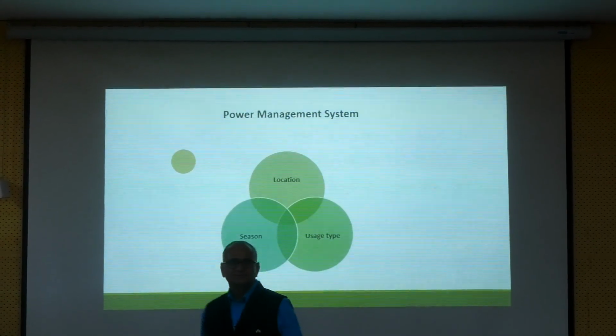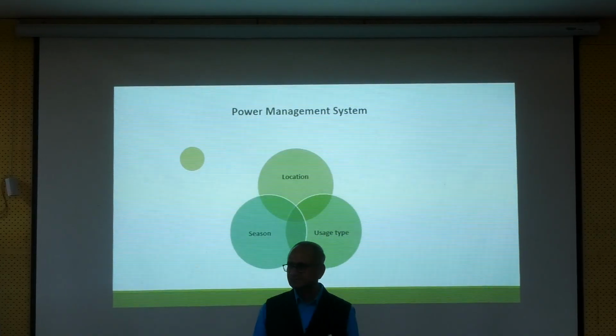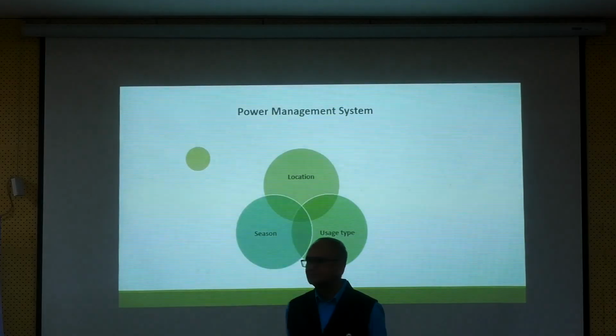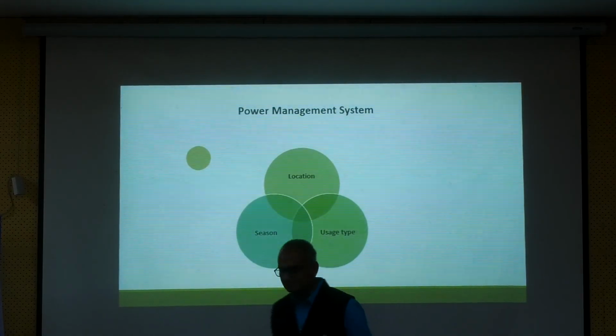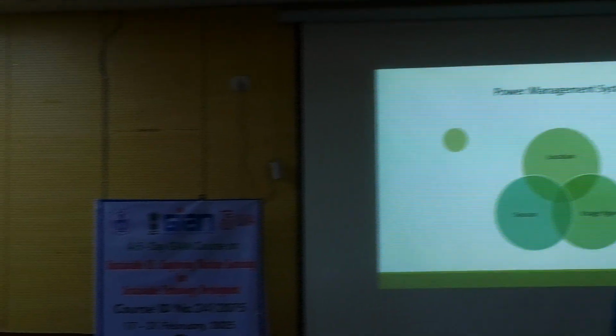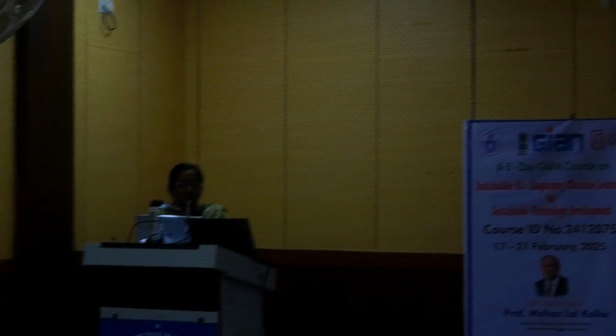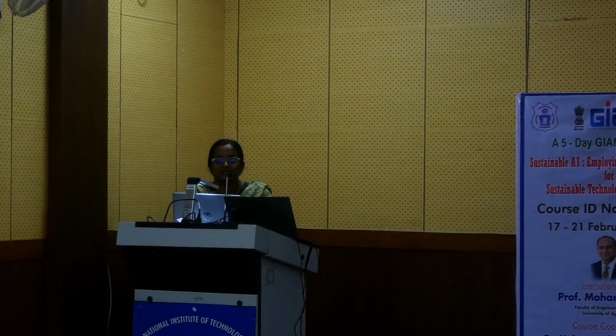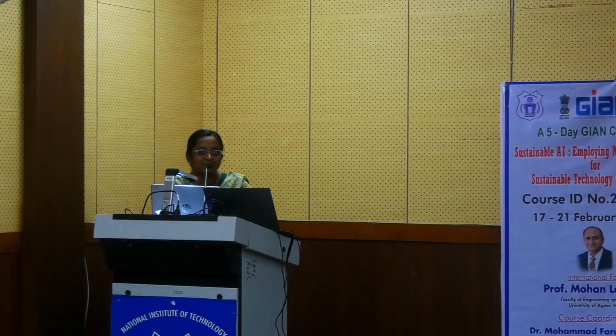There is a lot of change in power usage, as well as depending on the location. Coastal areas require different power usage, whereas the central regions need different power, and hill regions need different power usage. It's not that one power management system is created and it can be utilized centrally for all locations or for all the seasons.